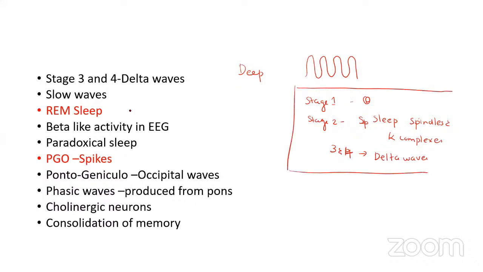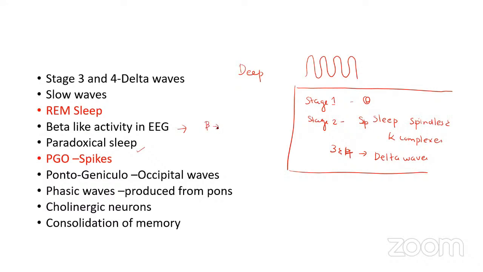And about REM sleep, it is also known as paradoxical sleep. Why is it called paradoxical sleep? It is a deep sleep, but when we take the EEG of the person, the EEG actually shows brain activity like beta waves.